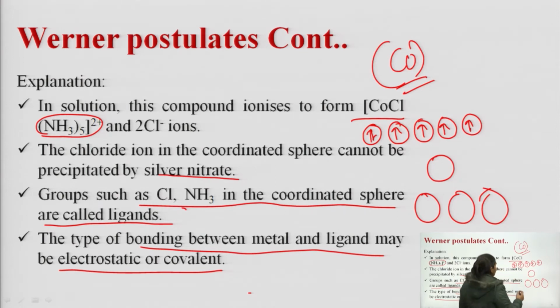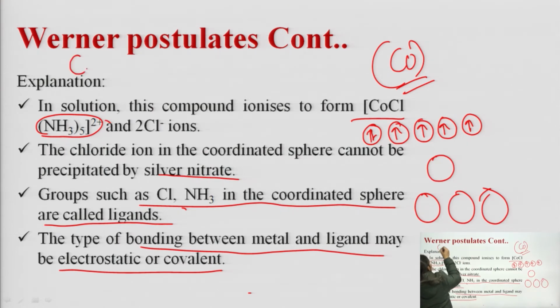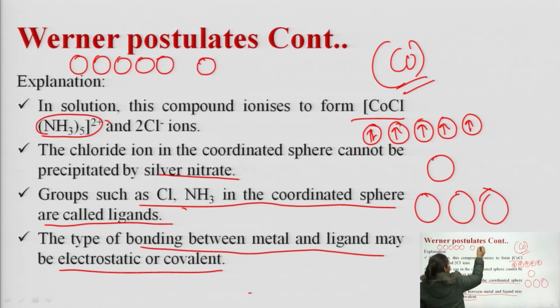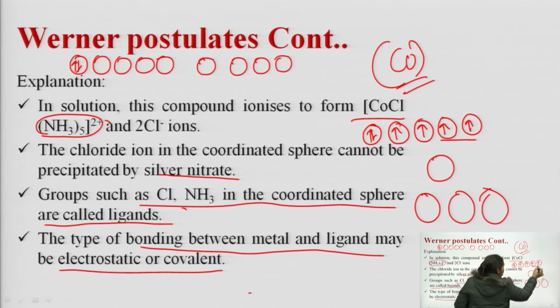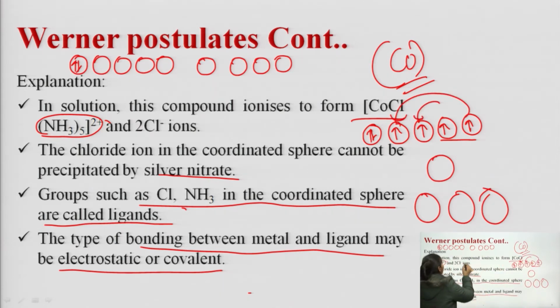In that case the hybridization will become different. So this is completely filled, but these two will be shifted into these to make them completely filled and form two vacant orbitals.